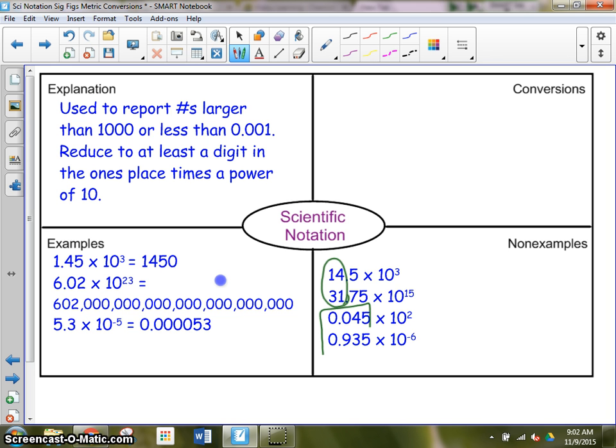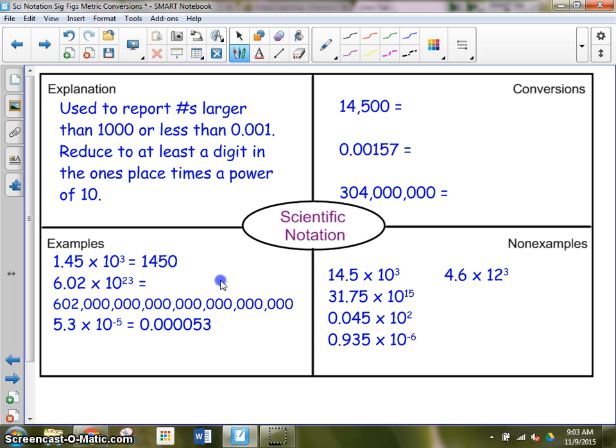Here, these numbers are less than 1. They also do not work, so that number in front of the decimal should be a non-zero number. The problem with 4.6 times 12 to the third is that it's not a base 10 number. I have to have times 10 to the something, not any other number.